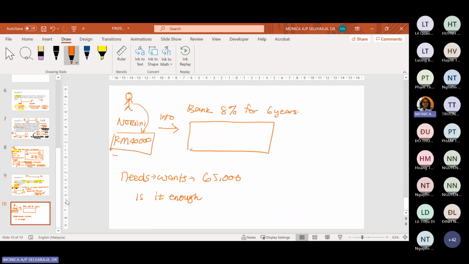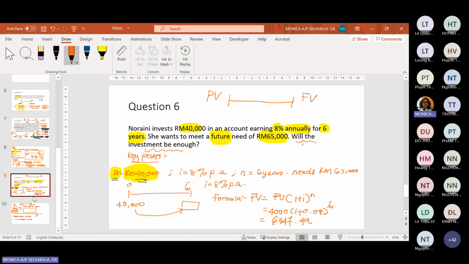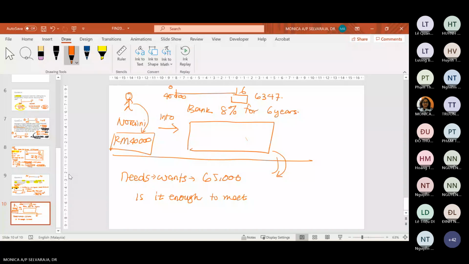What she's investing today, is it enough to meet that? So how much will she get in 6 years if she invests in the bank? When I calculate future value, I put in 40,000 today. In 6 years, how much will I get? Simple as that. I will get 6,347.49.